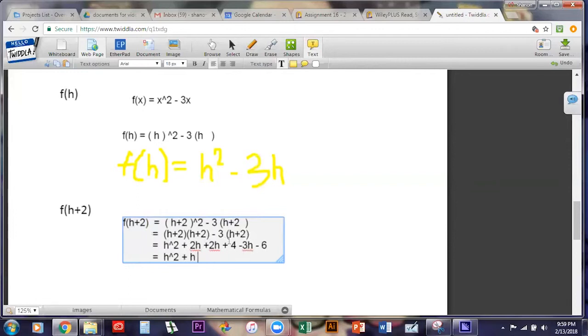Then our constants, we have a positive 4 and a negative 6, giving me a constant of a negative 2 at the end. Now again, you would probably write this h squared plus h minus 2. And I would never mark you off for putting that 1 in there, but I would never include it myself.